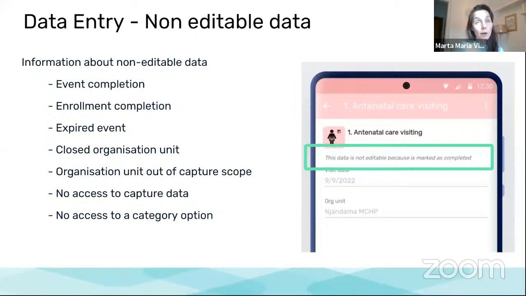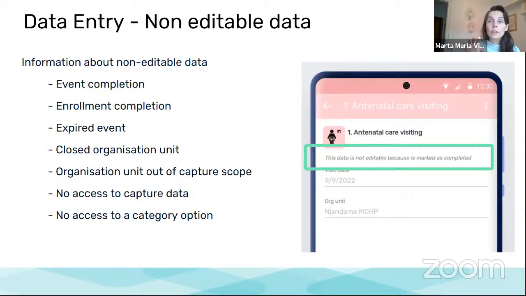Another feature, and I will demo all this at the end, I want to offer a summary. There is the non-editable data. There are a number of reasons in the DHIS 2 for having data that can be seen, particularly for an end user in the Android app, but that cannot be edited because the event or the enrollment are complete, because the edit period expired based on configuration, because the org unit is closed, because the user is out of the capture scope or doesn't have capture access to the particular program, or to a particular category option.